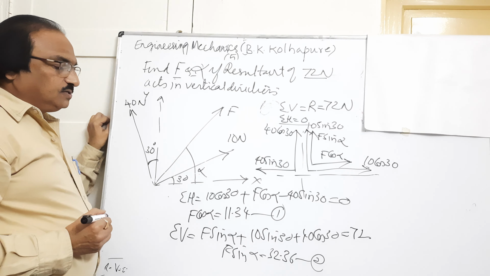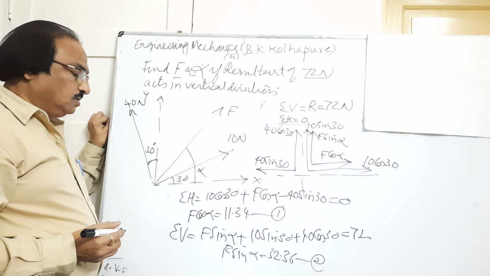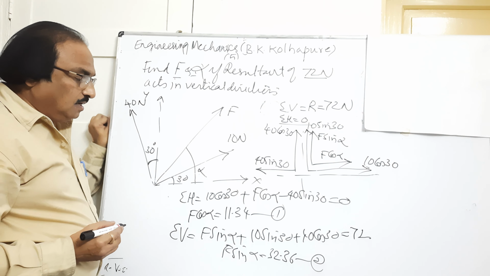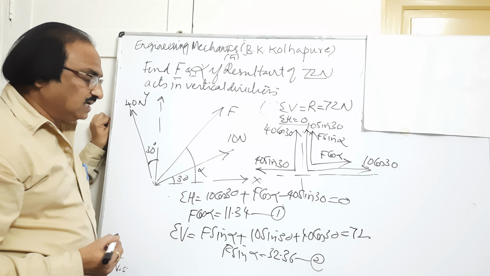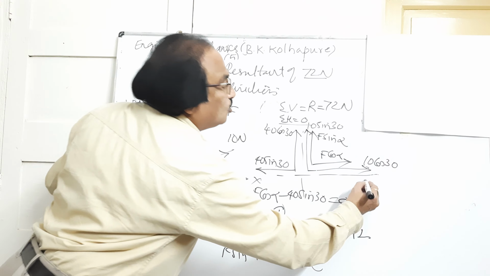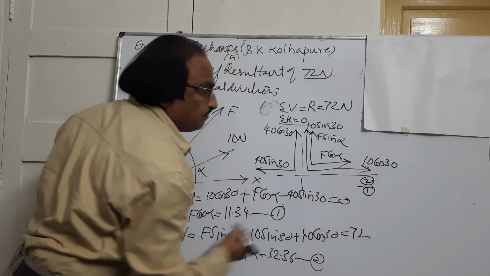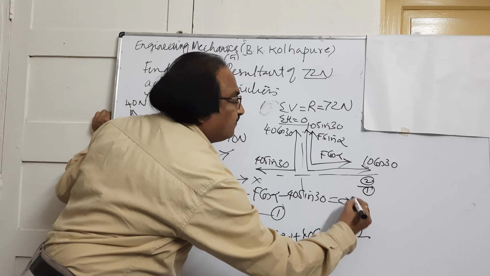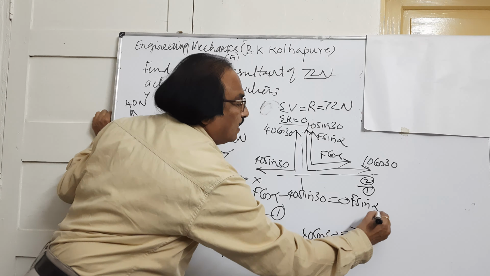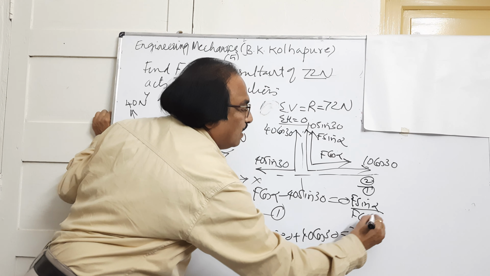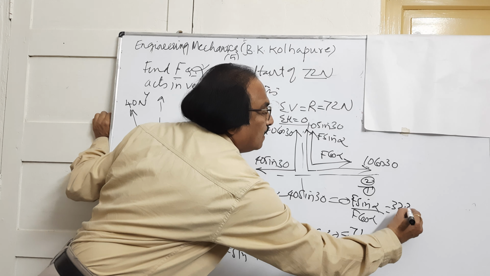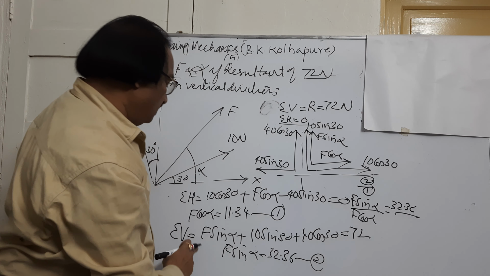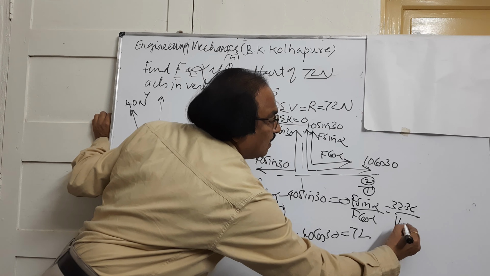Now you got two equations, two unknowns. So you have to solve them. So F cos alpha is 11.34, F sin alpha is 32.36. Let us divide 2 by 1. If I divide 2 by 1, F sin alpha divided by F cos alpha will be equal to 32.36 by 11.34.